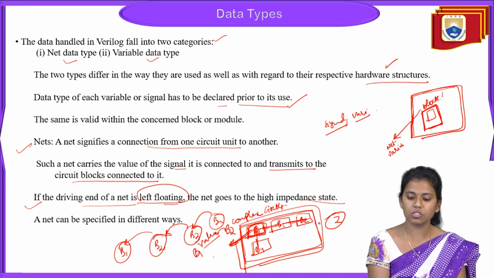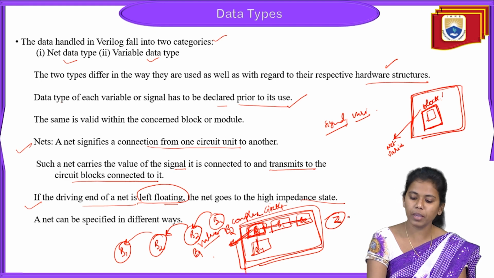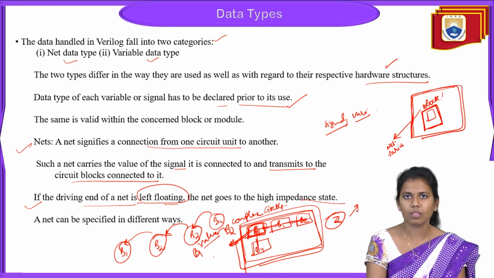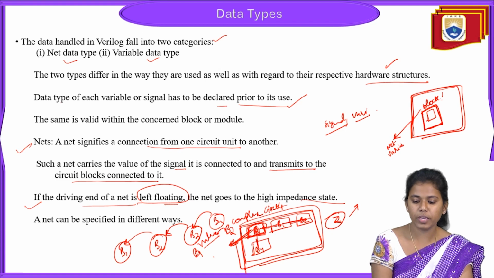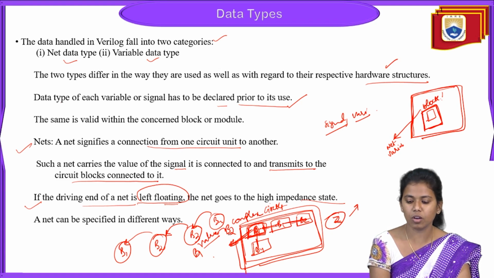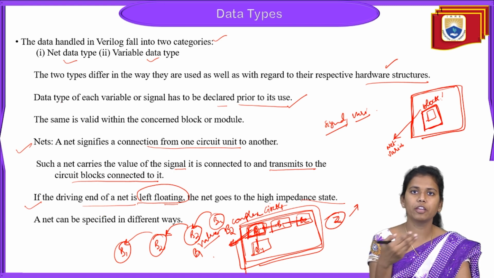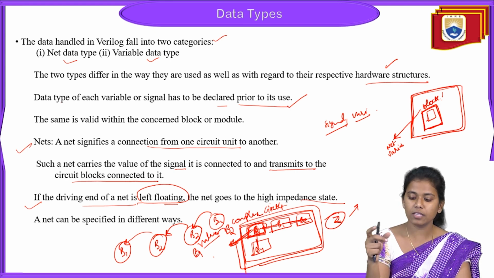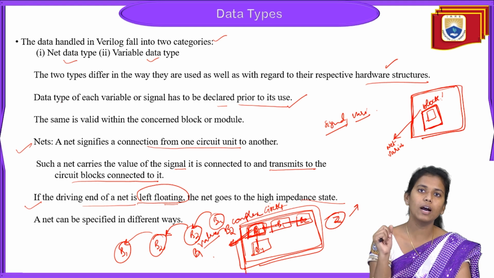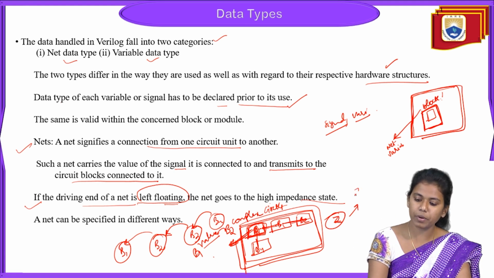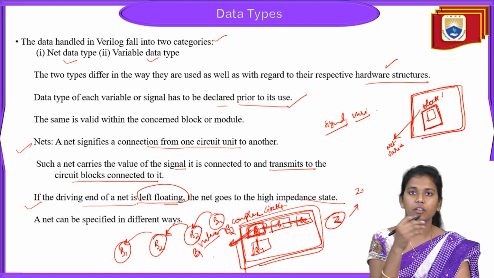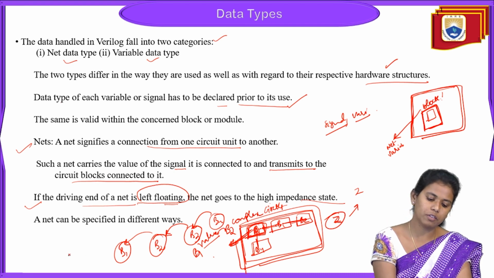That means the state of this complex circuit would be in high impedance. Understand? This is very clear. This point is talking about constant floating in a complex block or module: there is a chance of the net going to high impedance, which we represent with Z. If the floating is high, you see a high impedance value.